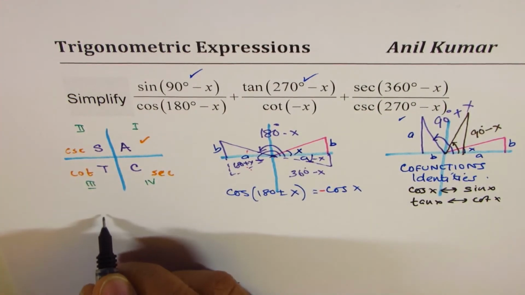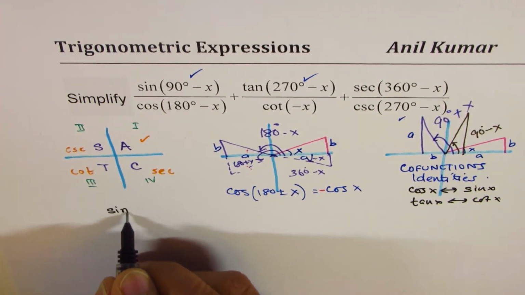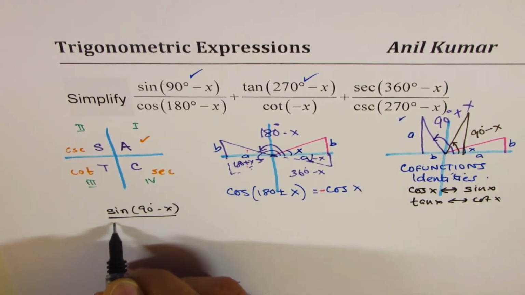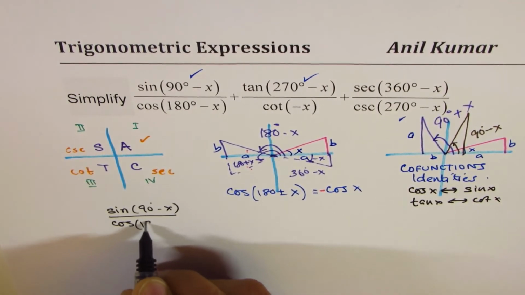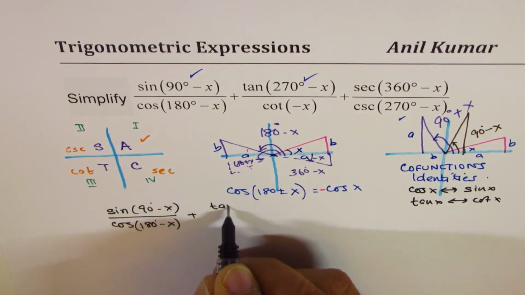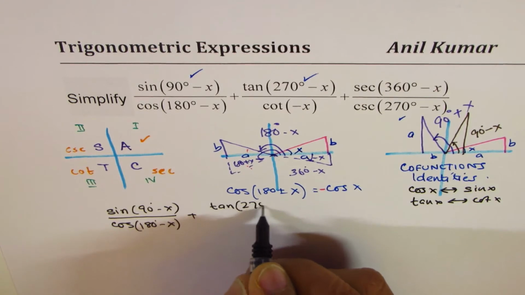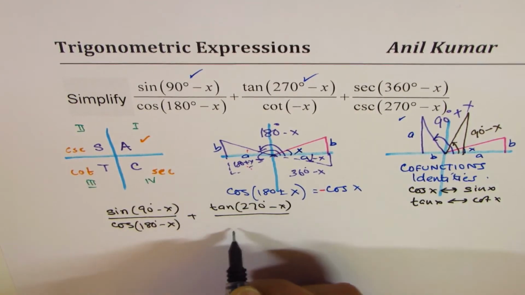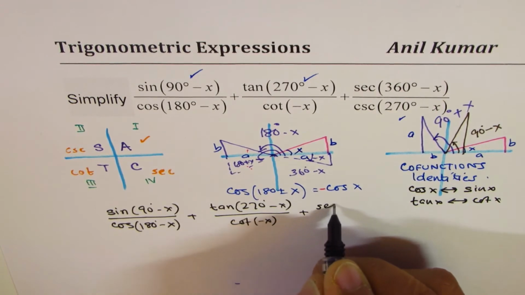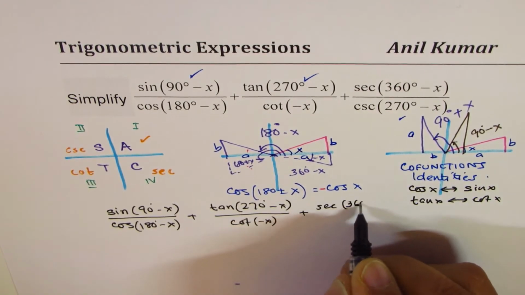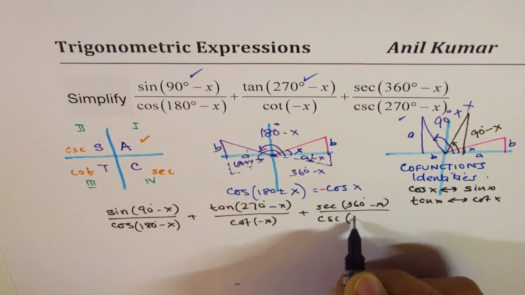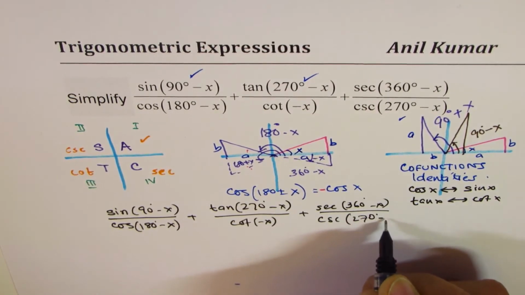Okay, so what we have here is sine 90 degrees minus x divided by cos 180 degrees minus x plus tan 270 degrees minus x over cot minus x plus secant 360 degrees minus x over cosecant 270 degrees minus x.